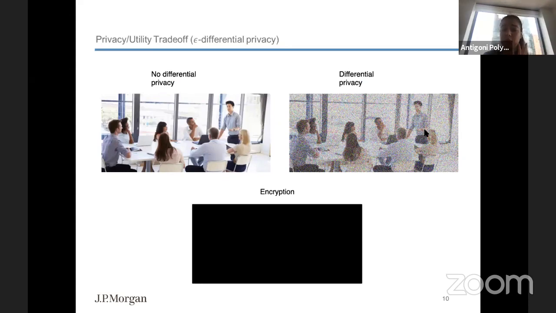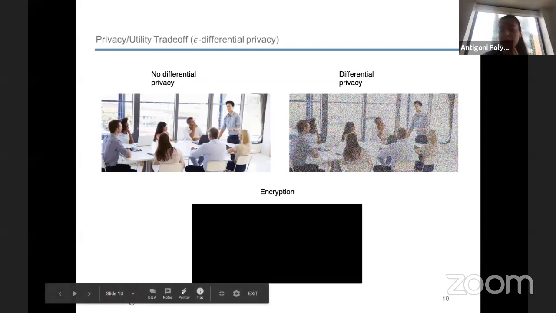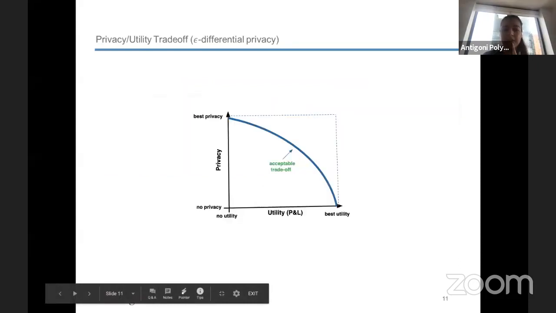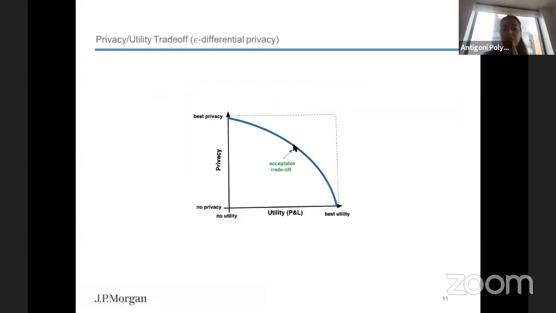In our case, what we're going to hide is whether one client's positions are in the inventory list or not. This is what we're trying to hide. We're not trying to hide generic information about the inventory. When we do the auctions, we will actually hide completely everything. I will come to that. So we need to find the right trade-off between the epsilon and the privacy, the epsilon and the P&L.